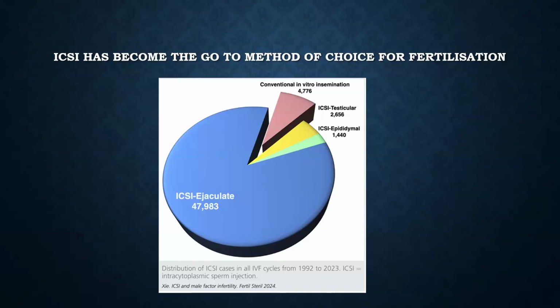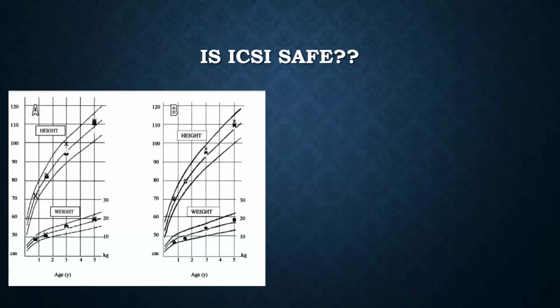Previously ICSI started as the last method to use when the male factor was so severe that it was not possible to go for IVF. But now ICSI has become the go-to method of choice for all kinds of fertilization. More than 90% of cycles are currently doing ICSI.